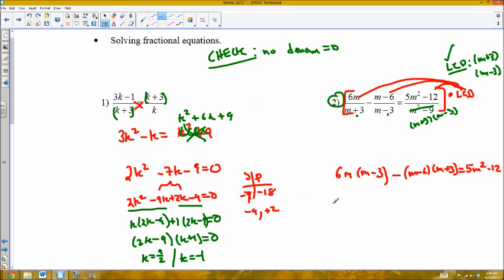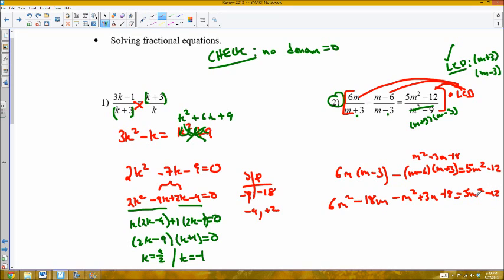I'm then going to distribute all my terms, so this gives me 6m squared minus 18m. When I FOIL this out, I get m squared minus 3m minus 18, all that times negative 1. That's negative m squared plus 3m minus 18 is equal to 5m squared minus 12.